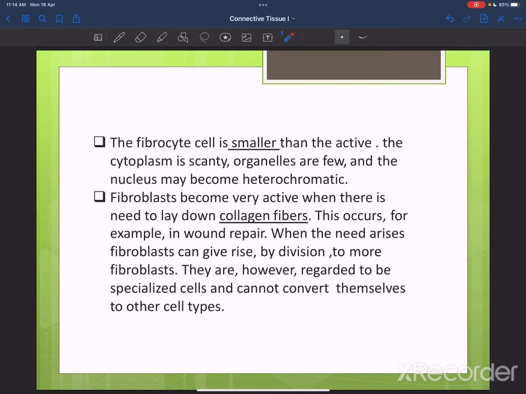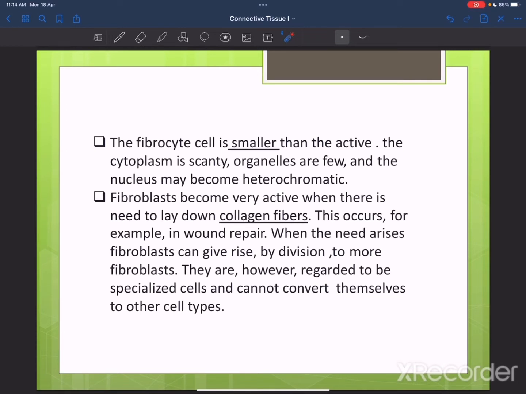Fibroblasts become very active when there is need to lay down collagen fibers, for example in trauma and wound healing. So this scar or this tissue needs to be replaced by new tissue. So the fibroblast here will become active and will produce the collagen fibers that later on form the scar that fills the wound.